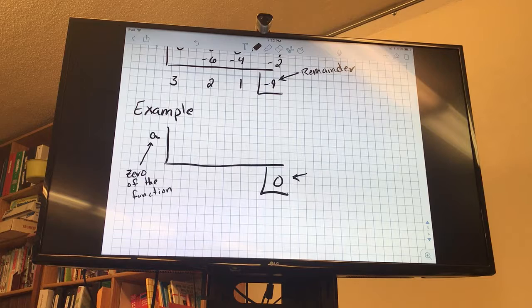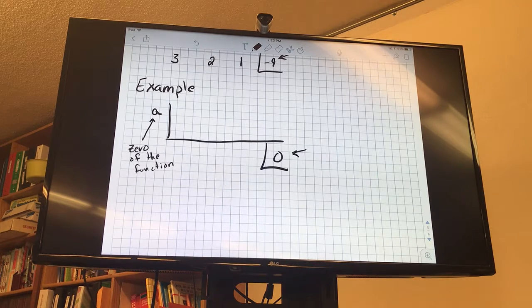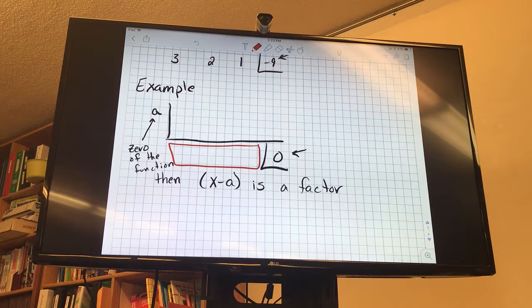So that means x minus a is a factor of that function, correct? And not only is x minus a a factor, what's left is the other factor, right? So we can use that to factor a polynomial down completely.